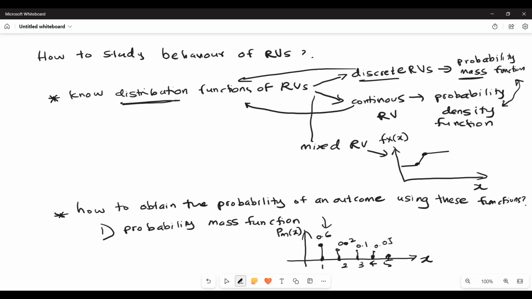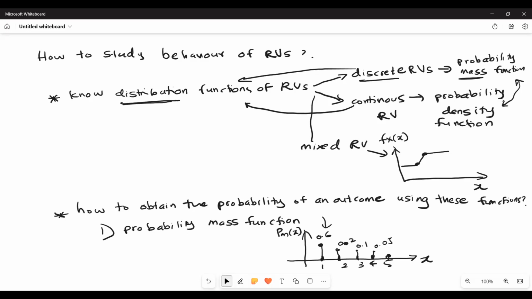Likewise, for each outcome, the probability comes directly from the value of the probability mass function.